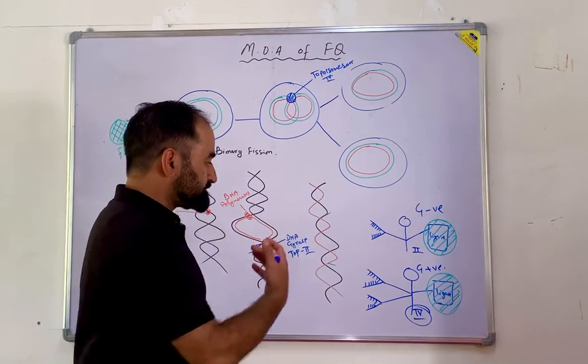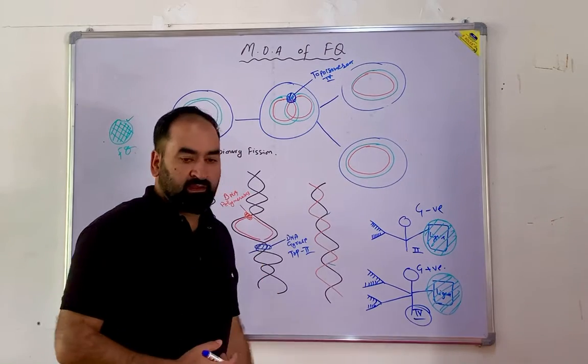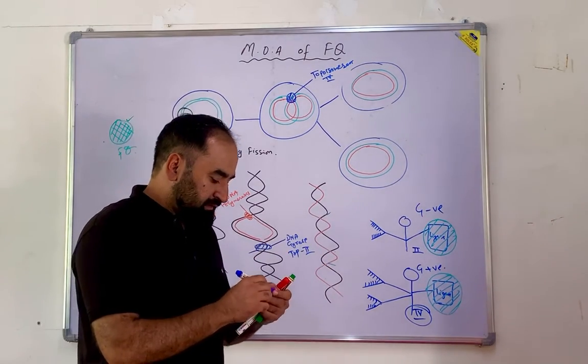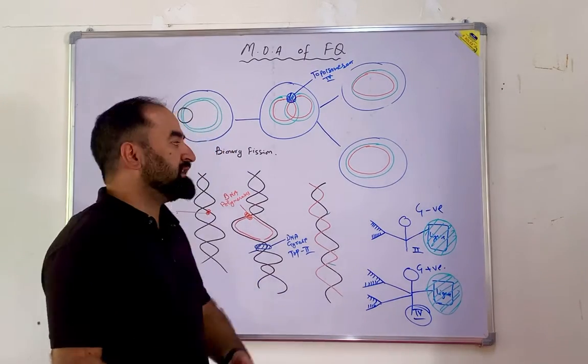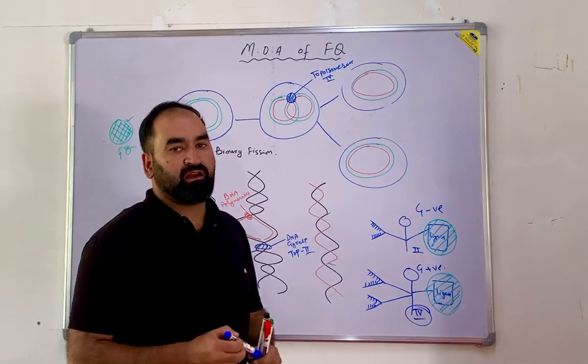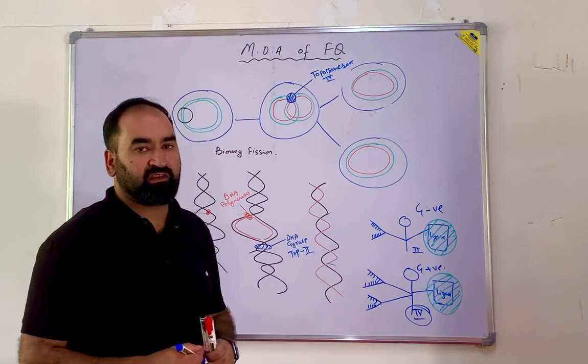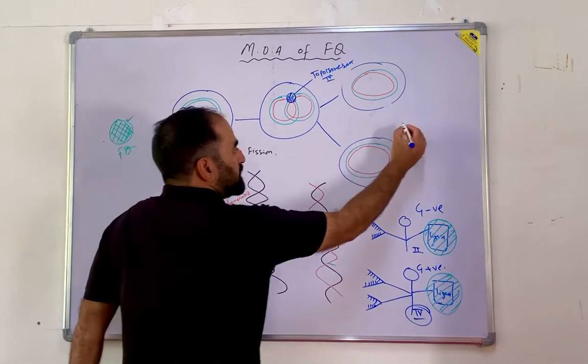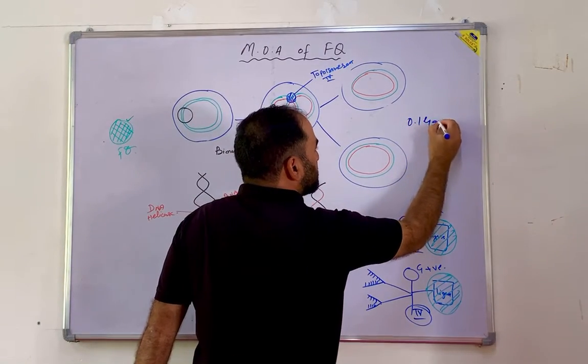Where the selection, that means why humans are not affected, why human enzymes are not affected. You know, the effective concentration in bacteria is 0.1 microgram per ml.